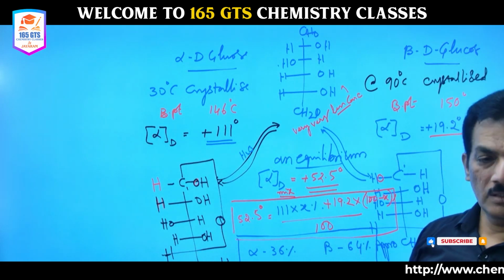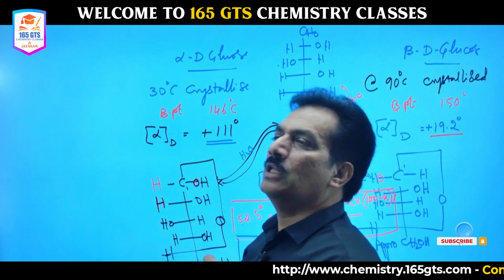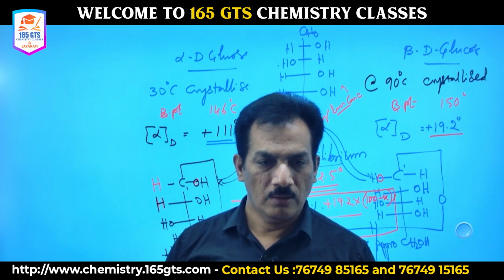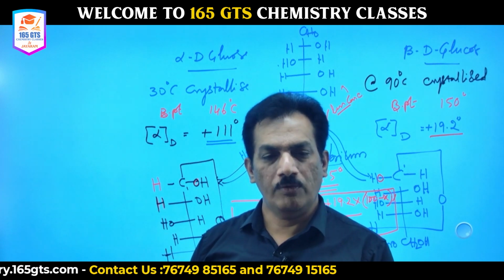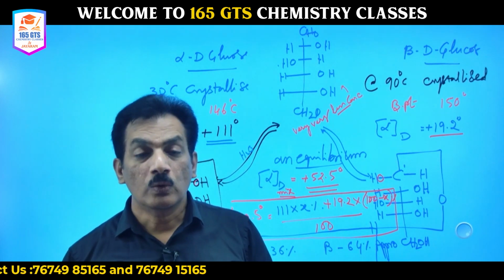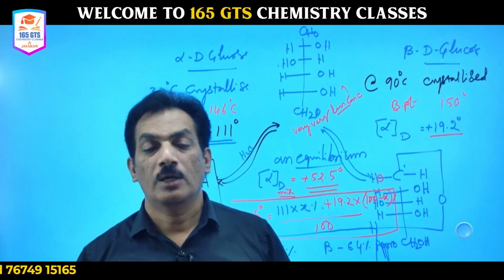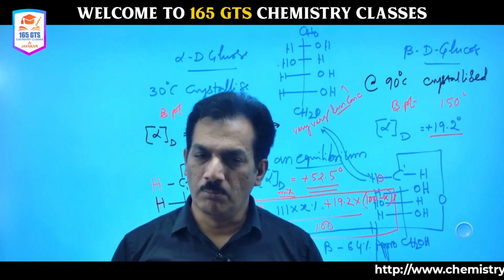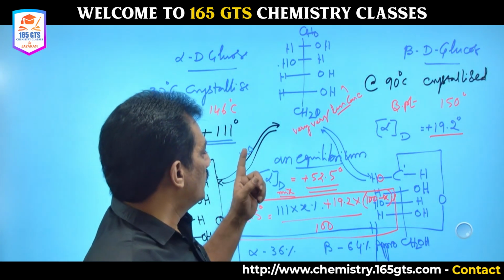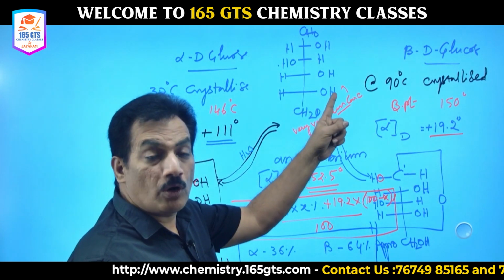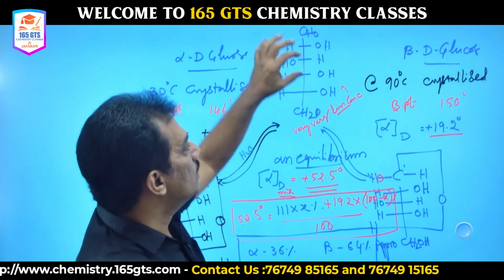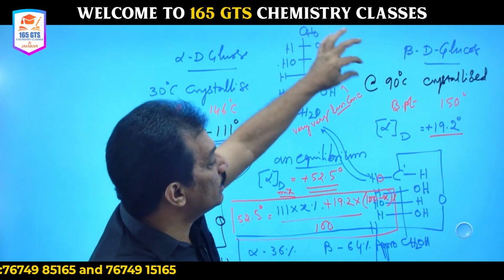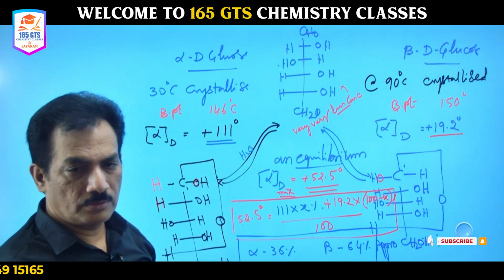Now the other questions. When glucose has an aldehyde group, and it responds to Tollens reagent and Fehling solution, why is it not responding to sodium bisulfite, ammonia and Schiff's reagent? The reason is simple. This open chain can respond to Tollens reagent, because aldehydes can respond to Tollens and Fehling solution, but not esters or ketones.